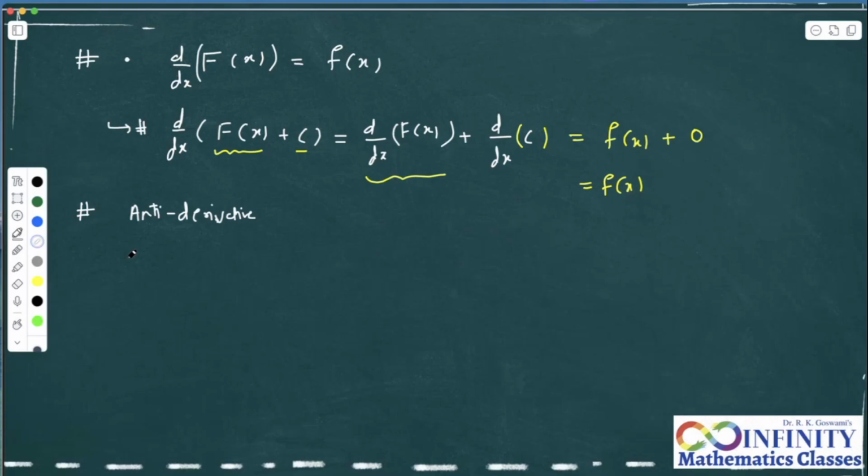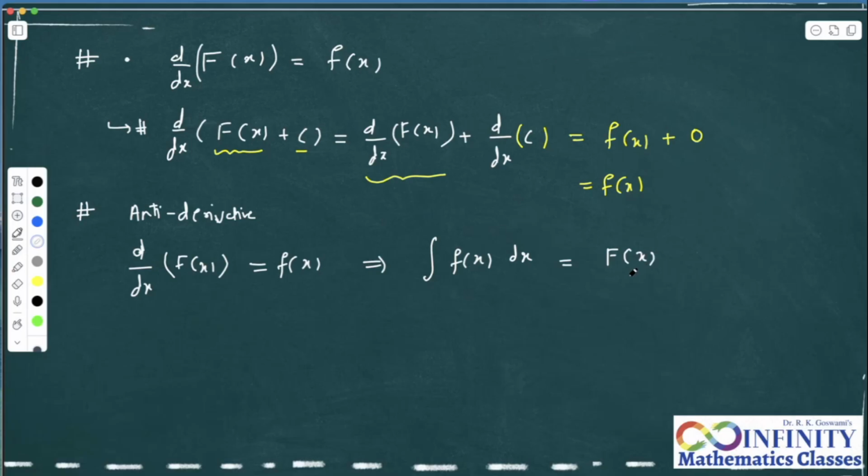It says that if the derivative of a function capital F(x) is small f(x), then if I do the inverse, that is going to be integration. So whenever you do the integration of f(x), you will be getting F(x). This is what is known as antiderivative.